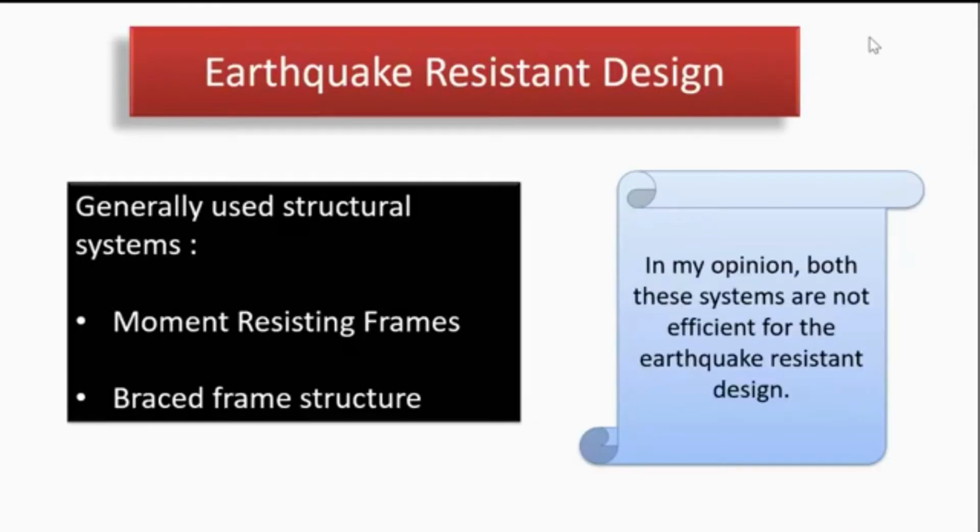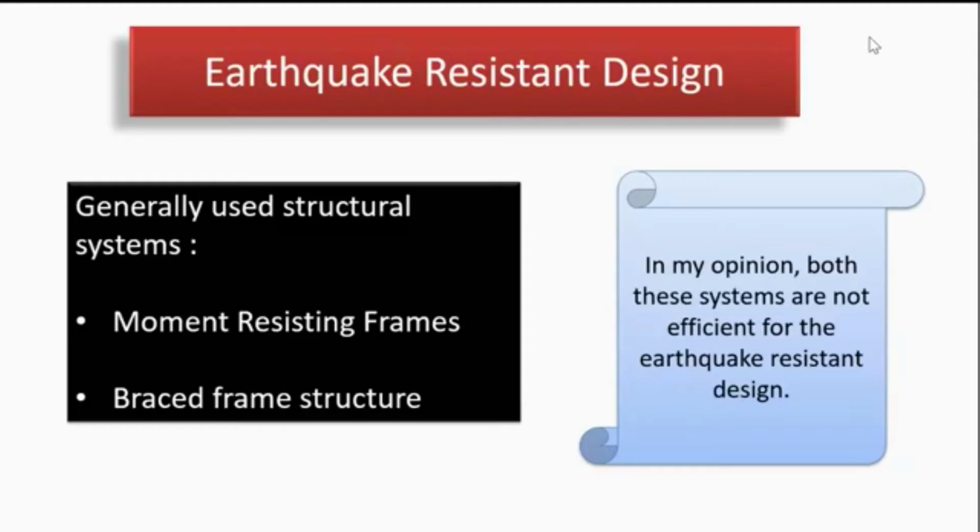When we talk about earthquake resistant design of industrial structures, the structural systems generally used can be divided into two categories. One is the moment resisting frames, and the second is the braced frame structure. In my opinion, both these systems are not efficient from the earthquake resistant design perspective.